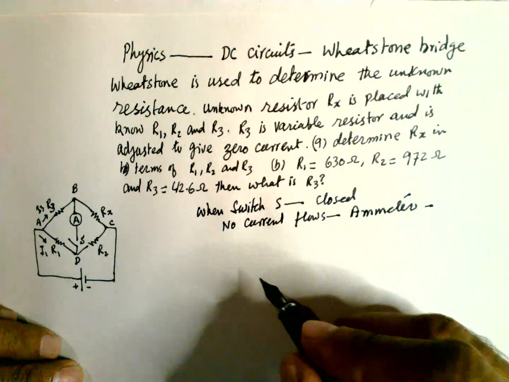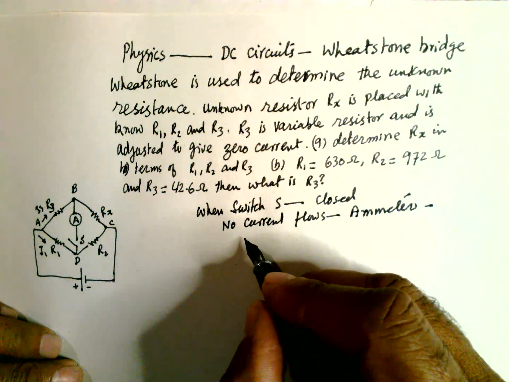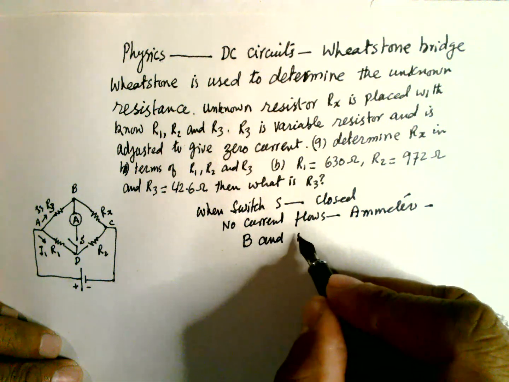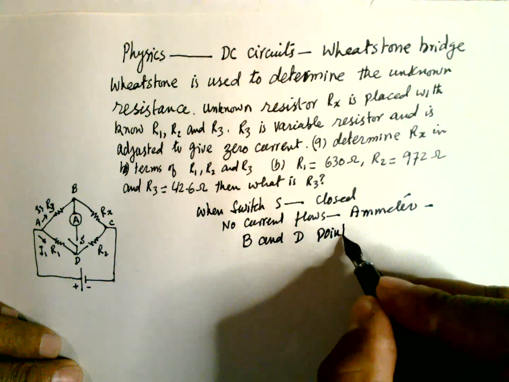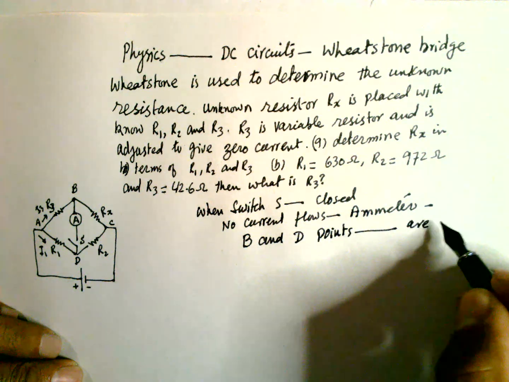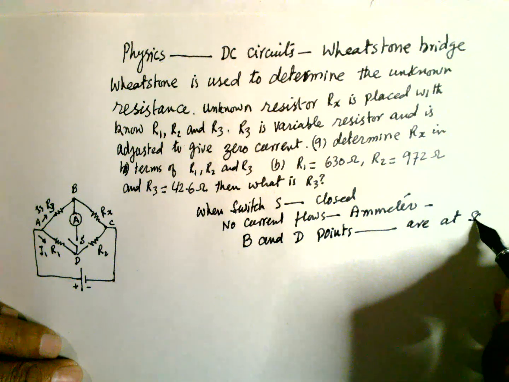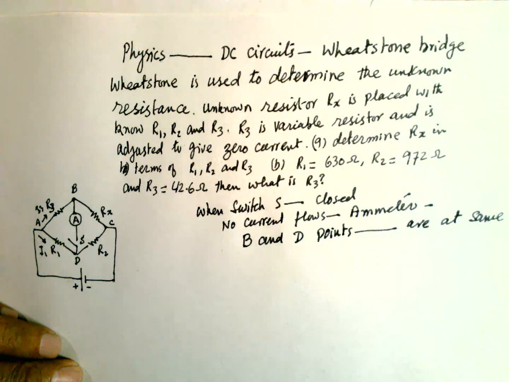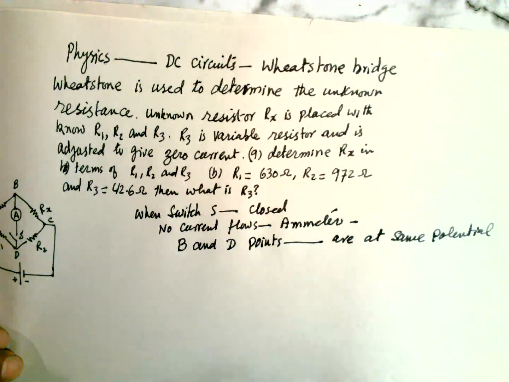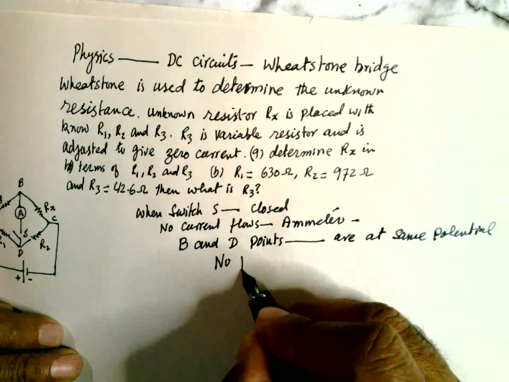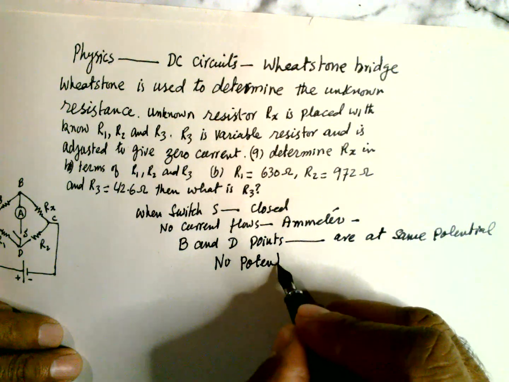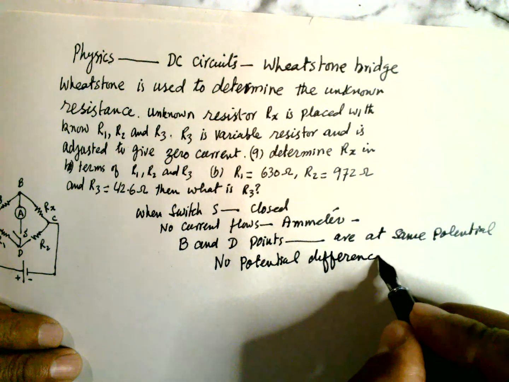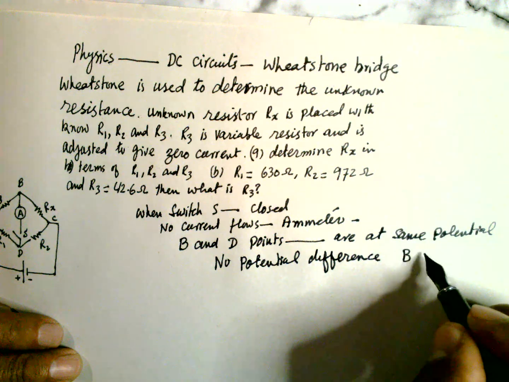So the current is 0, that means the potential difference between B and D, B and D are at the same potential. So there's no potential difference between B and D.